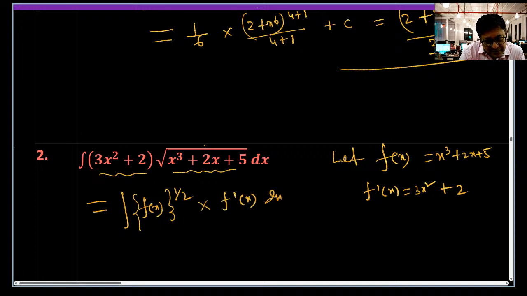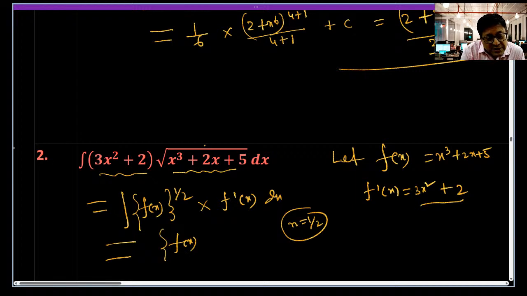Am I correct? Because this derivative is exactly lying over there. What is the answer here? n is half over there. So you write f(x) to the power half plus 1 by half plus 1.